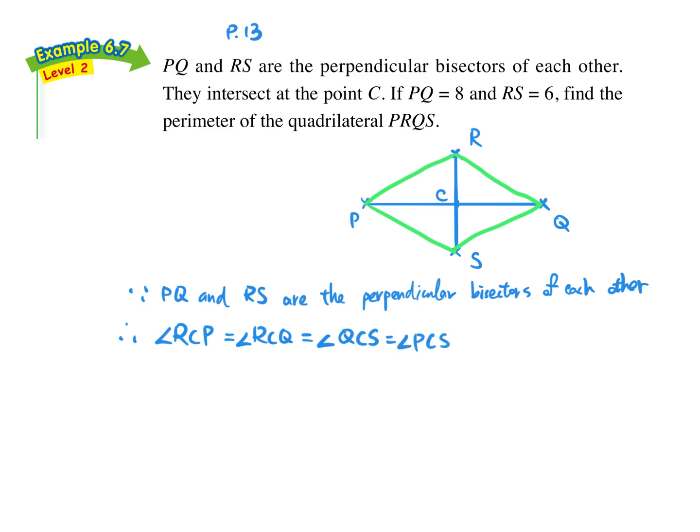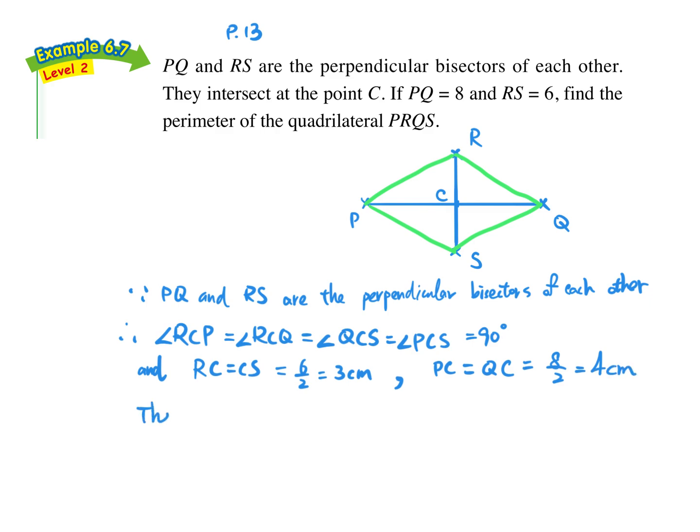And PC equals CS, PC equals QC, then PR equals RQ equals QS equals SP.